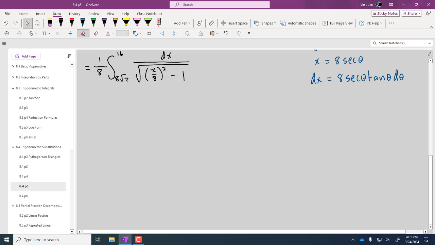Okay, now our substitution. Oh, the numerator is just a dx. That makes it pretty straightforward. So 8 secant theta tangent theta d theta.